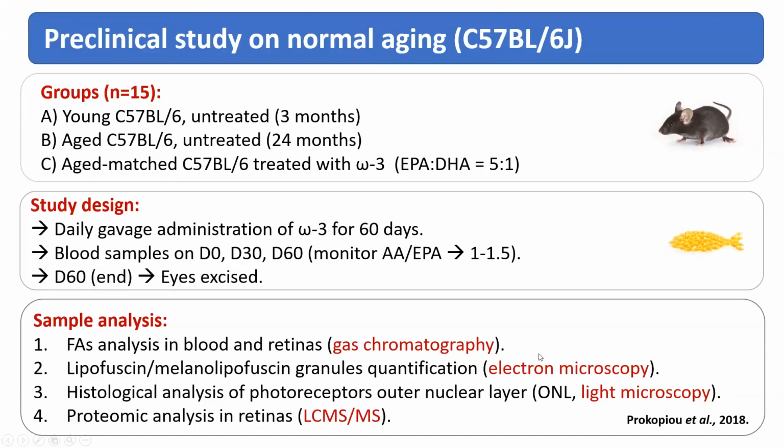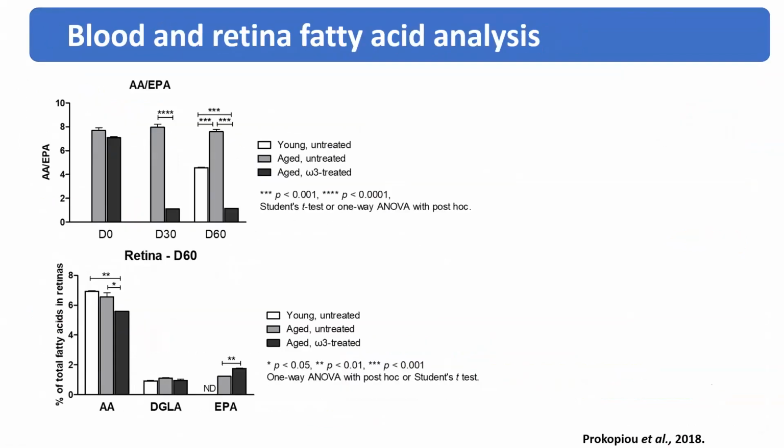With electron microscopy, we checked lipofuscin granules and quantified them. Lipofuscin granules are waste products that relate to the progression of retinal degeneration. Then we looked at the photoreceptor outer nuclear layer through light microscopy. And finally, we performed mass spectrometry-based proteomic analysis of isolated retinas to identify differences in proteins.